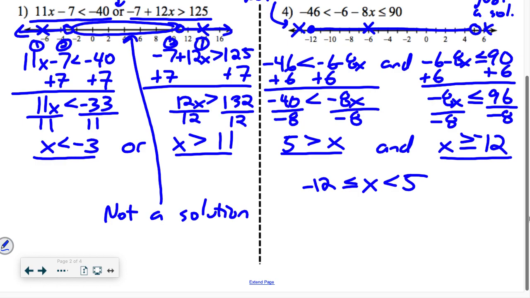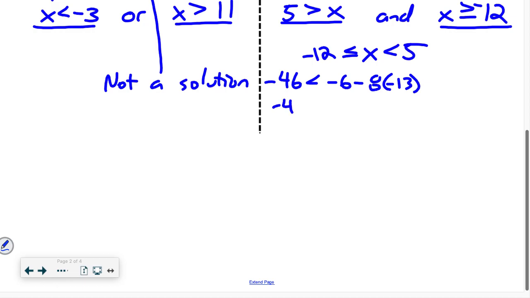So if I do negative 13, so I have negative 46 is less than negative 6 minus 8 times the negative 13. So negative 46 is less than negative 6 plus 94.